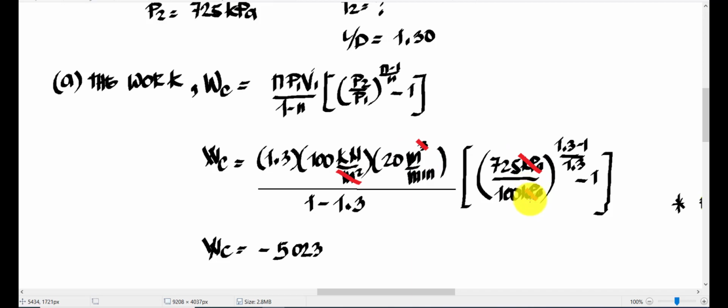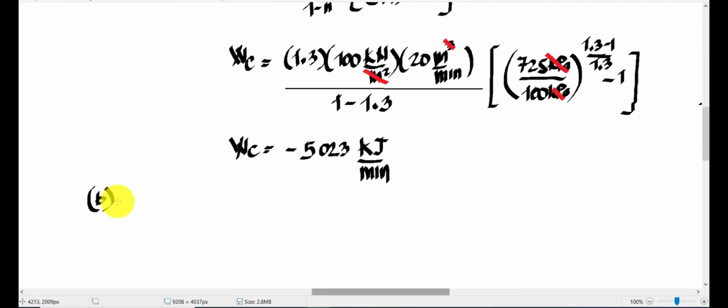So we have the unit of kilonewton meter, which is also expressed as kilojoule. So we have kilojoule per minute. So we have the power, the work for our compressor.